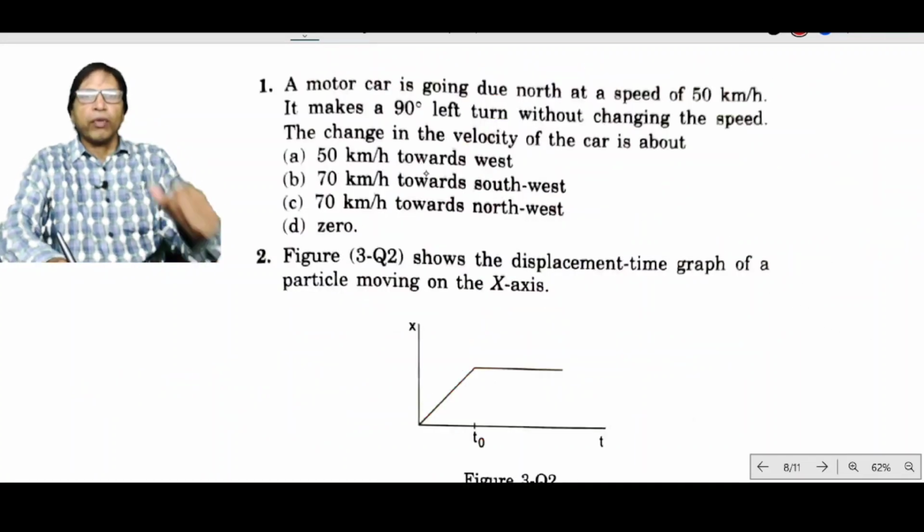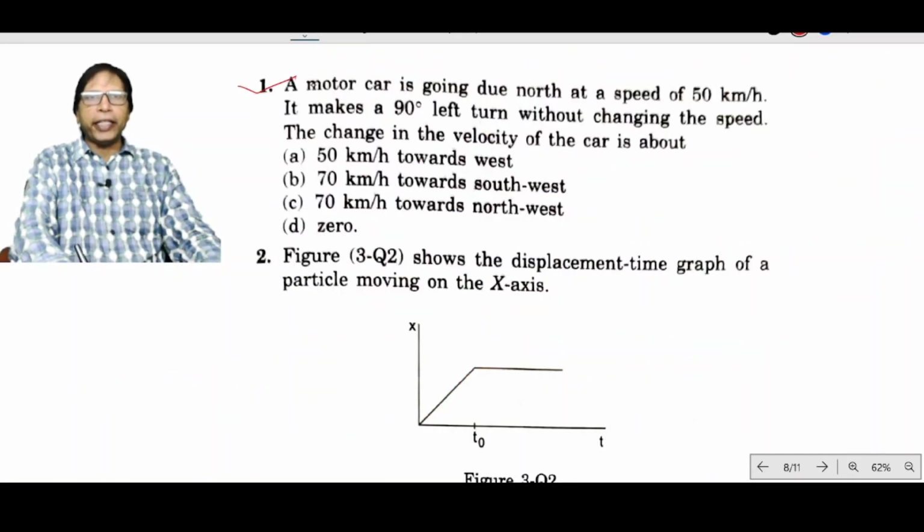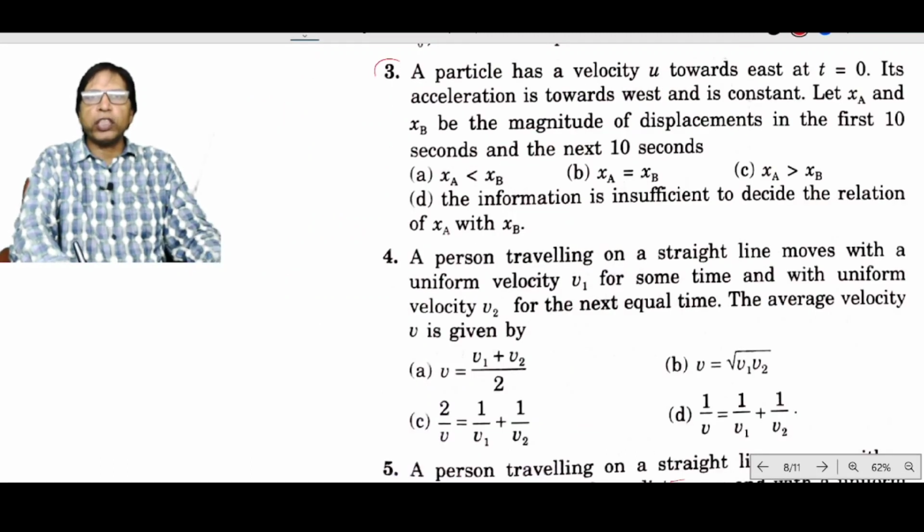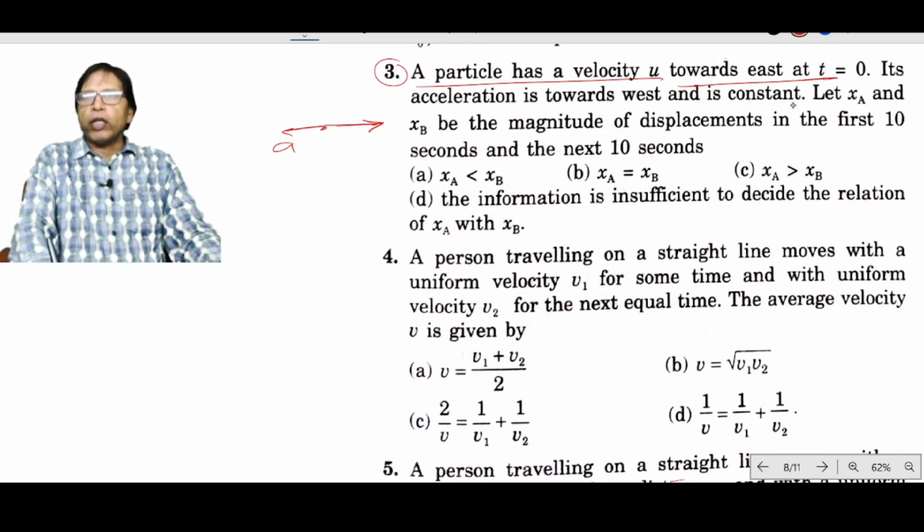Okay. Now objective 1 of HC Verma. Look at this question number 3. A particle has a velocity u towards east at t equal to 0. The velocity is directed along east. Its acceleration is towards west, and is constant.